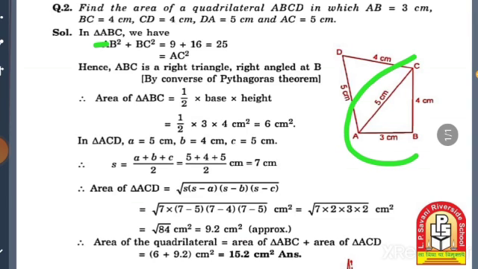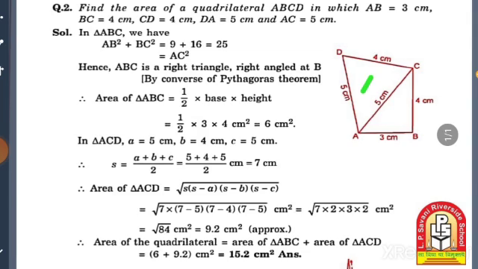Here in triangle ABC, AC is equal to 5 centimeter, AB is equal to 3 centimeter, BC is equal to 4 centimeter, and we have AB square plus BC square, that is 3 square plus 4 square, which is equal to 25.